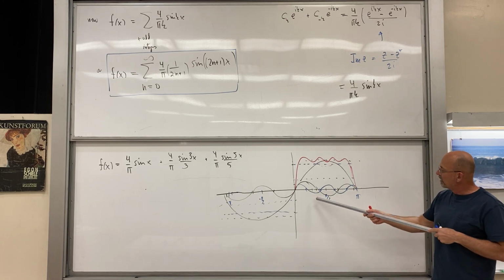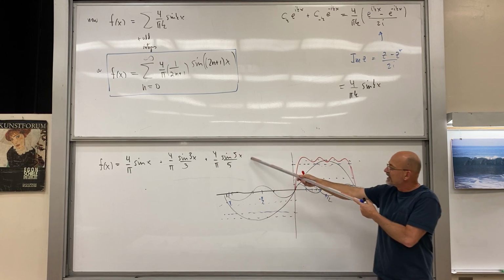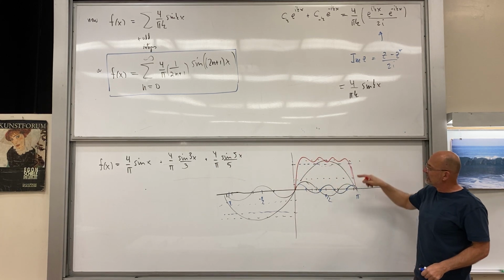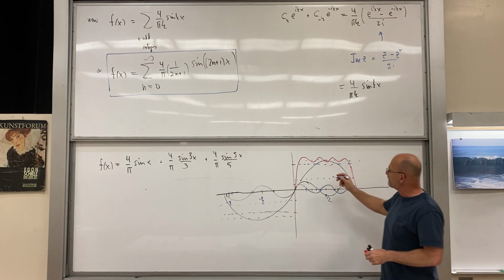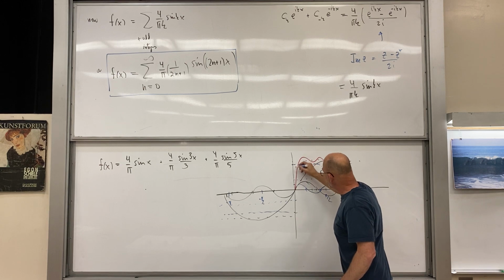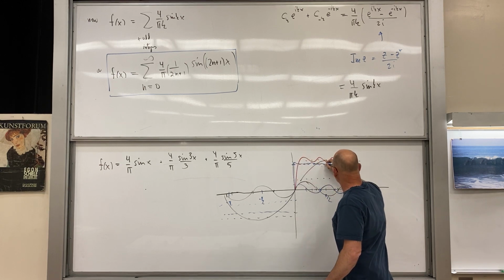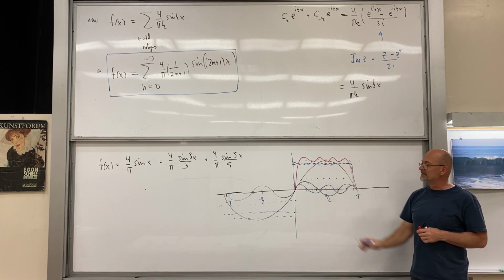And the more of these terms you have, so if you took your 4 over pi sine 7x over 7, it will keep flattening these out till eventually, here's where I really need another color. Eventually you're going to get something, there's always an overshoot. Something like that. The more of these you add.